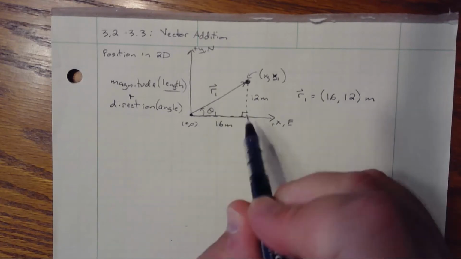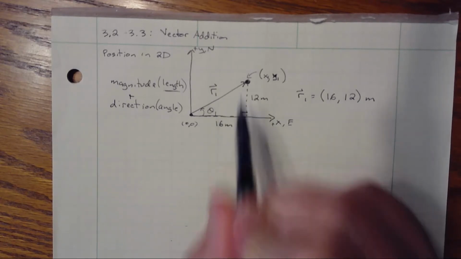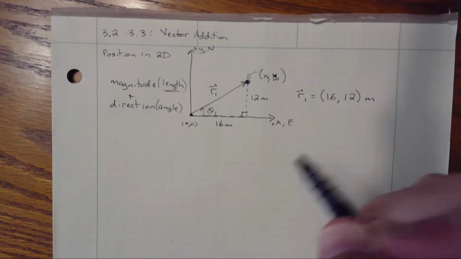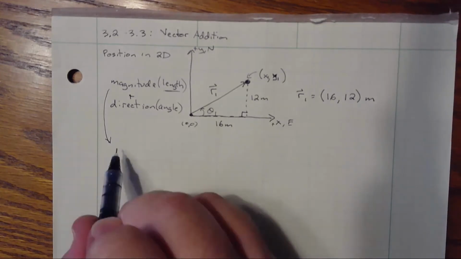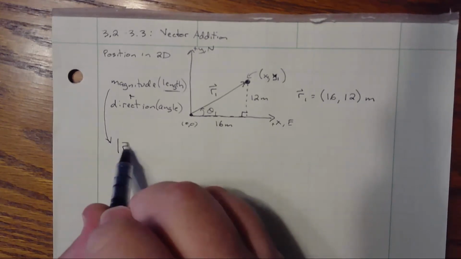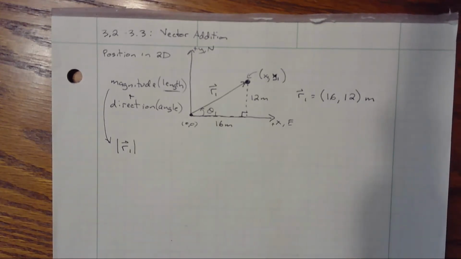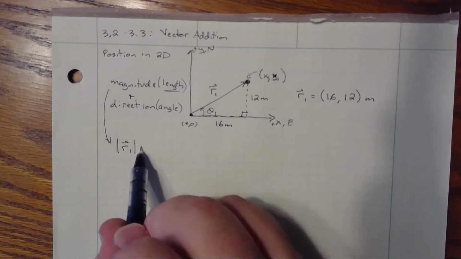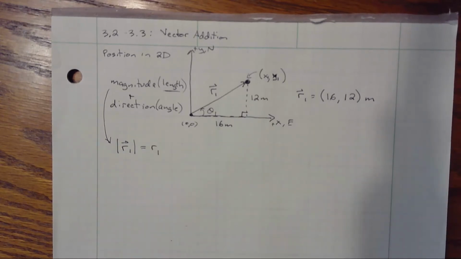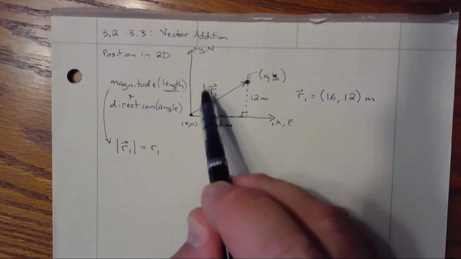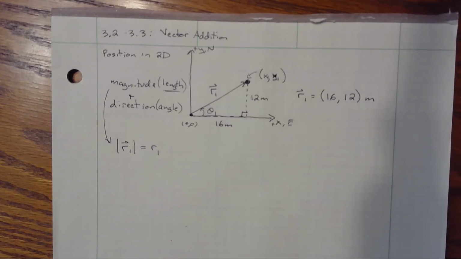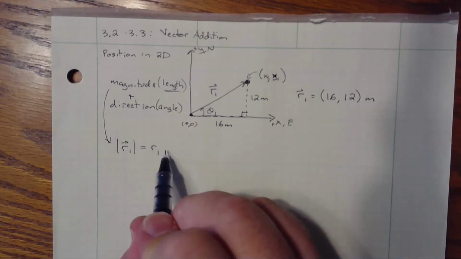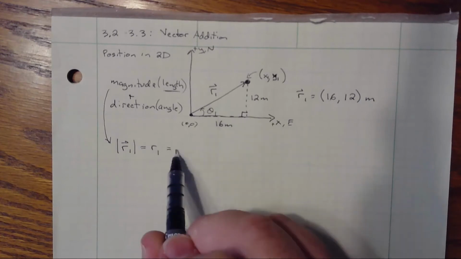So notice that in doing this, I've set this up as a right triangle. So if we want to find the magnitude of this vector, we'll often denote that with an absolute value symbol, and that is always going to represent the length, or sometimes we'll just write it as the same character but without this little vector hat. Right, we have this little arrow on top that represents that it's a vector, so we'll take that off. But otherwise, we just have the Pythagorean theorem on this triangle here.